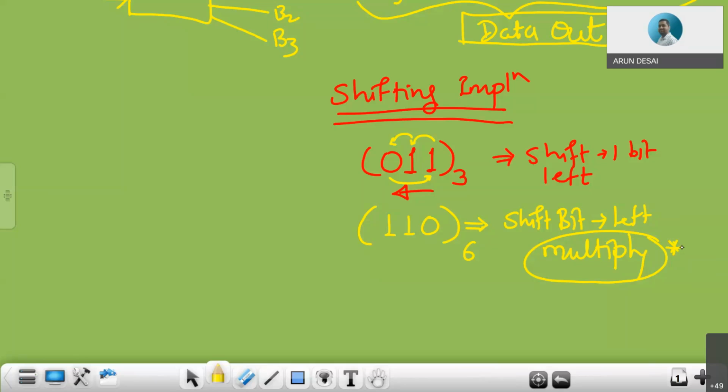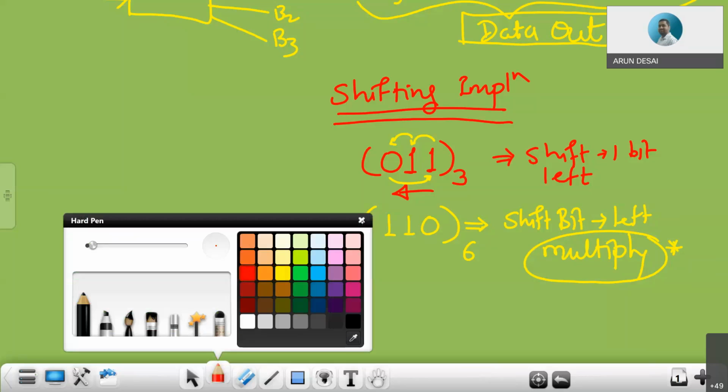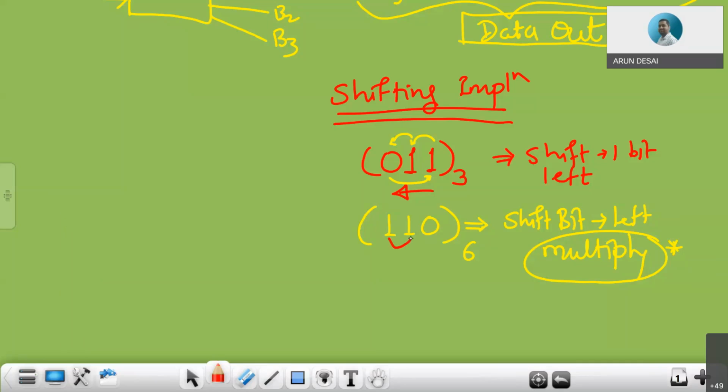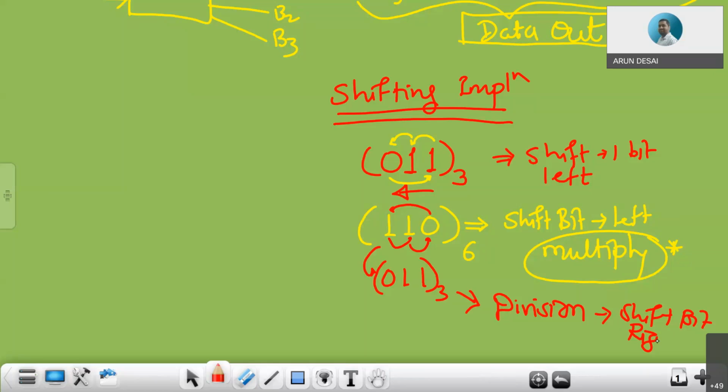Again, this is the same case for shifting right. If we shift this bit to there, this bit to here, and this to here, that means 1, 1, 0. That means again it becomes 3, right? So this is basically a division. So if we shift bits to right, we achieve a division operation, right?